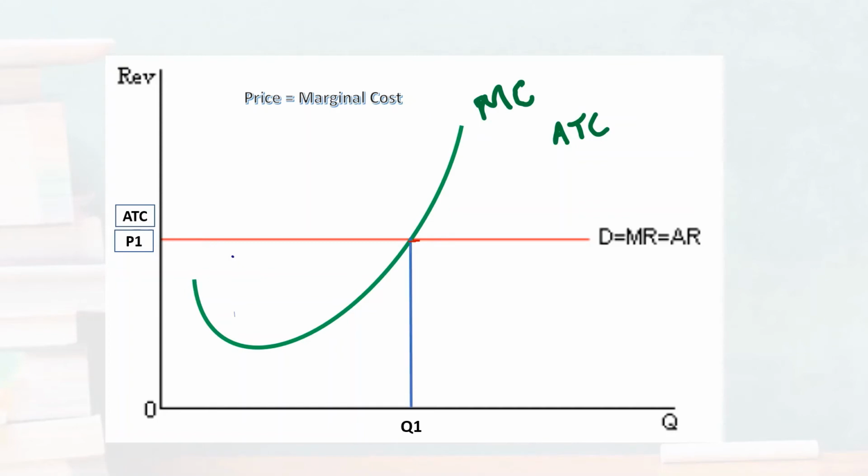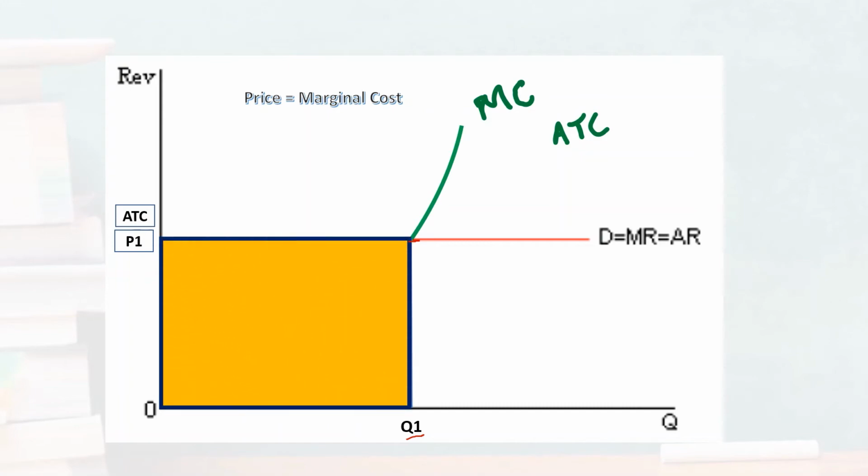So the firm can earn total revenue by selling this level of output at a given price P1. The total revenue can diagrammatically be calculated by taking the area of this yellow rectangle.